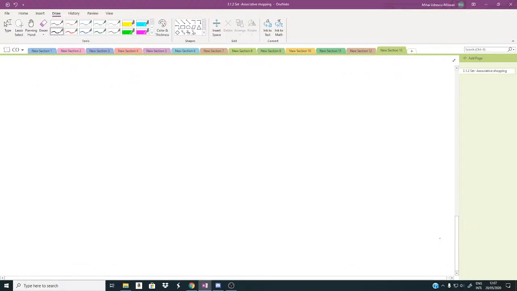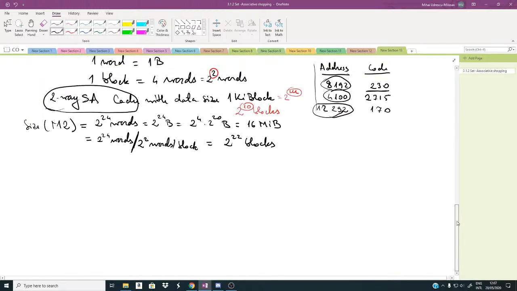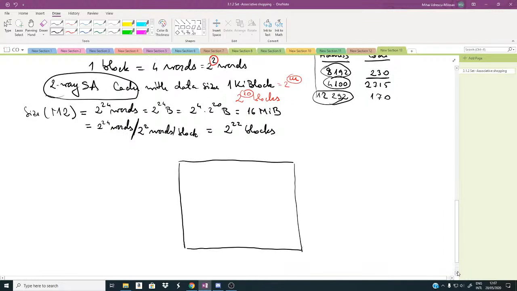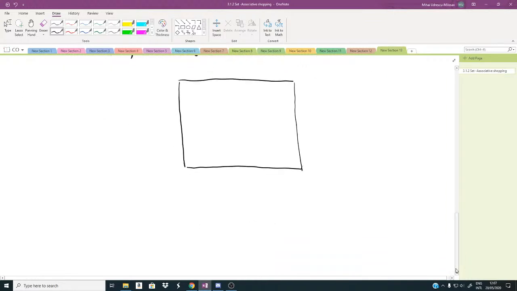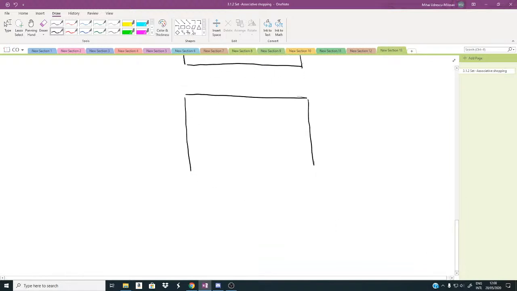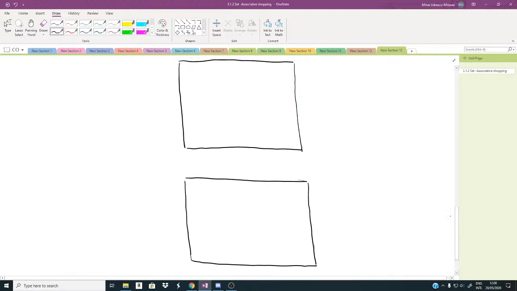Now, about the cache, so let's draw it. This is the cache. It has two banks because it's a two-way set associative cache that has two banks of memory, right? And the index, one index works for both these banks.